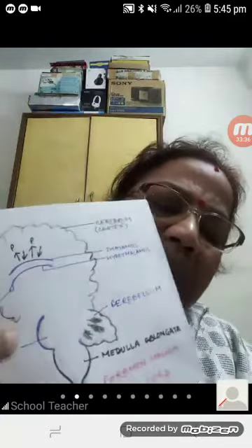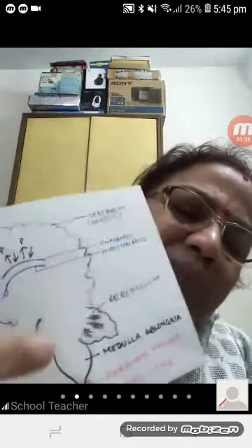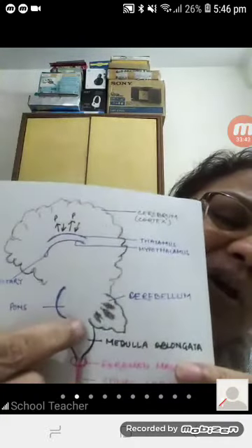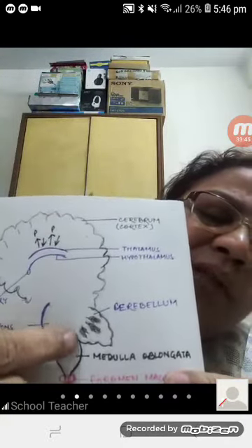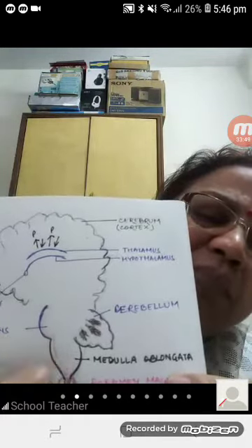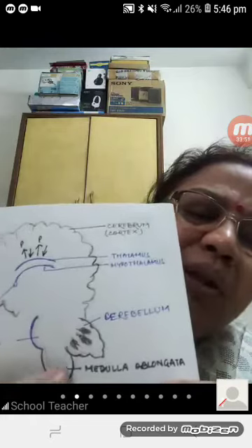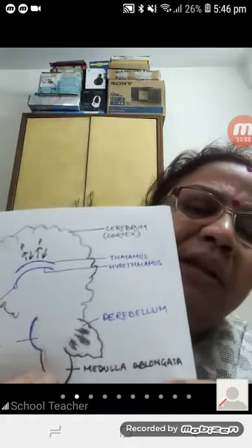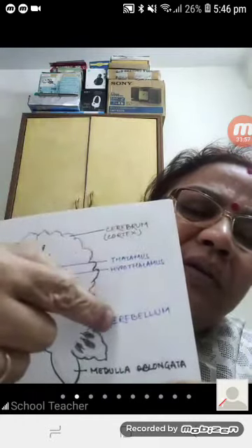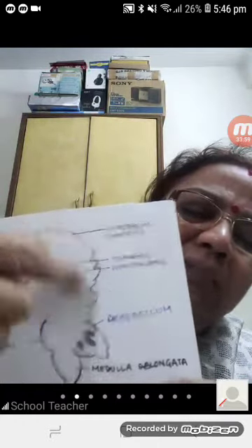Then comes the most important part. All are important, but in that, the most important is medulla oblongata. It is the lowermost part of the brain, triangular in shape, and it controls all the involuntary activity. Here you have voluntary. Here you have muscular coordination and balance.